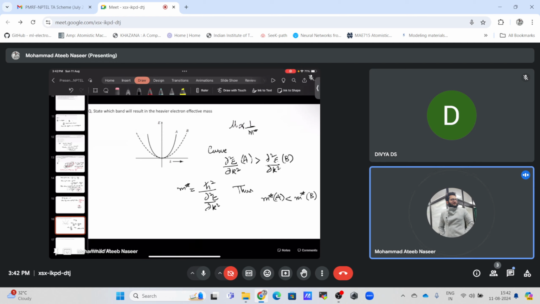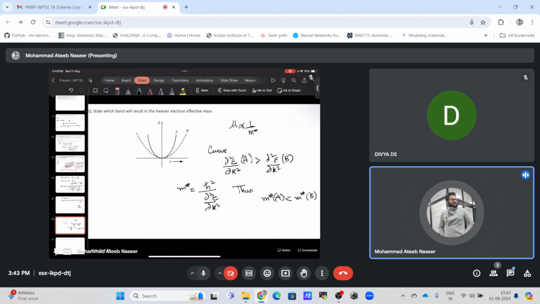As you must be aware, when you do this transitioning from one band to another, for example in some material we are having two valleys, and sometimes an electron moves from one valley to another valley, its properties change drastically as compared to the first, because it has changed its surroundings.